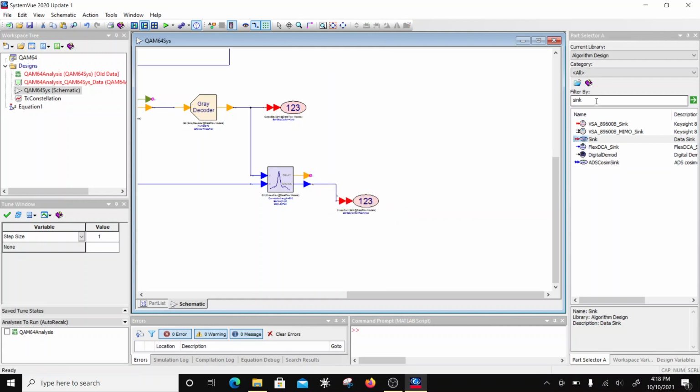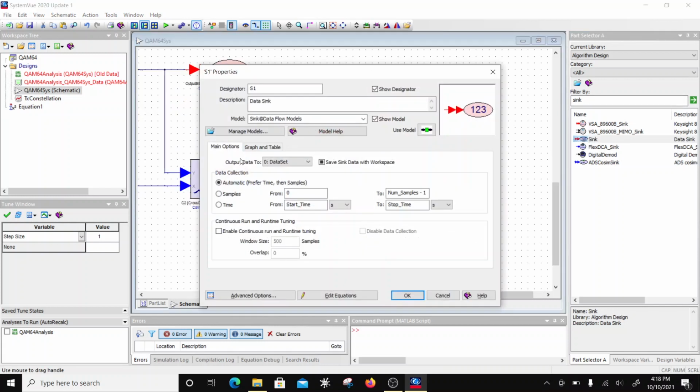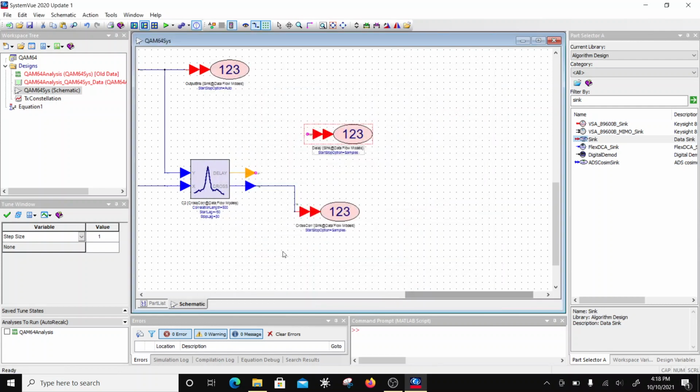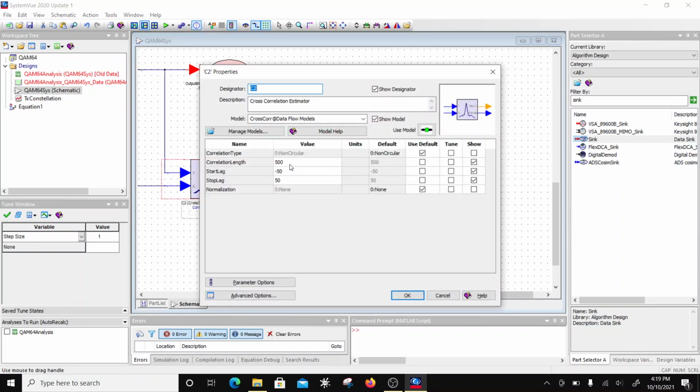So I am going to put another sync here, and I will call this one delay. It will also be giving me output as samples. So this will be a delay between the two signals, and that I am going to see through this cross correlation. Okay, in cross correlation, correlation length I can keep as 1000, start lag 0, stop lag.